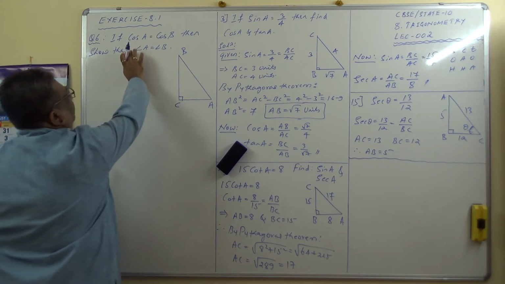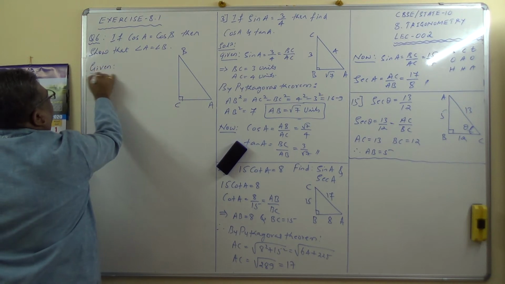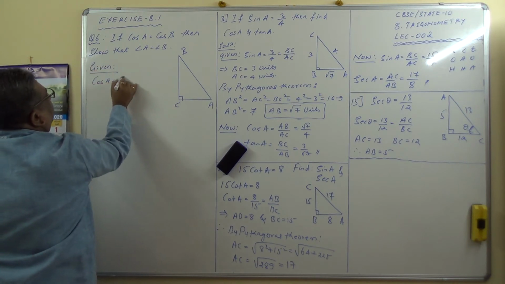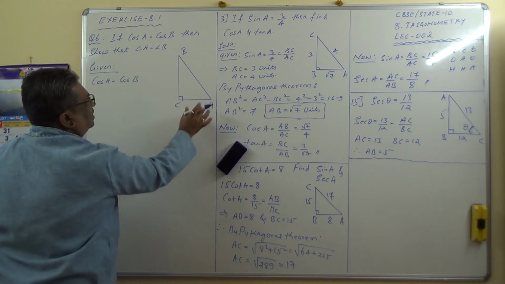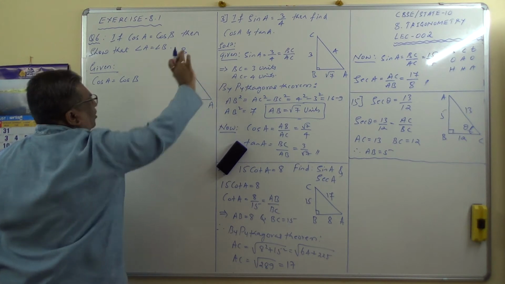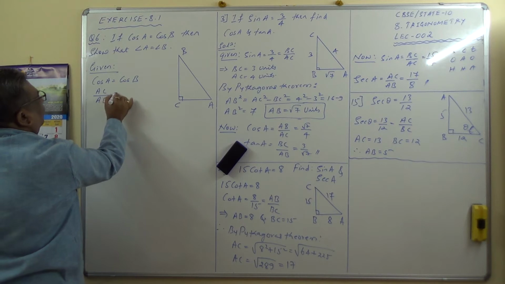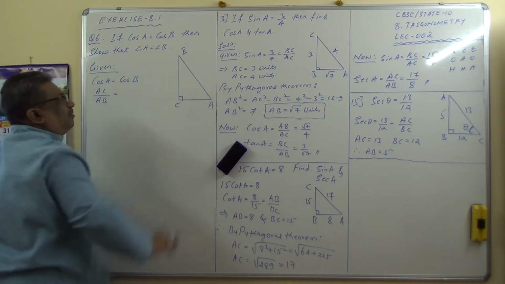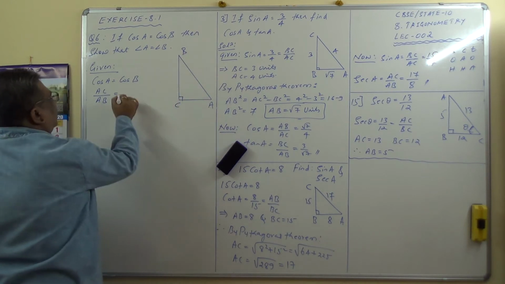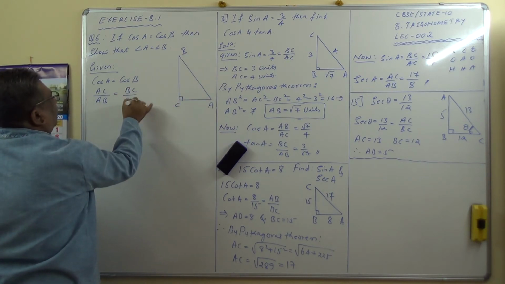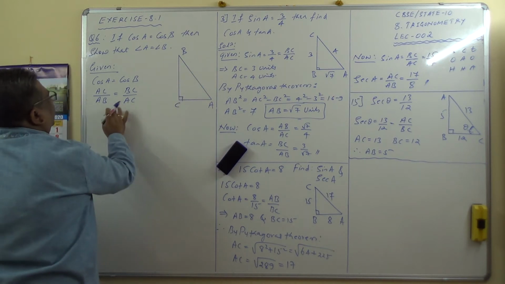In this case, given that cos A equals cos B. So what is cos of A? Cos of A equals adjacent by hypotenuse, AC divided by AB, which equals cos B. Cos of B is equal to adjacent by hypotenuse, that is BC by AC.